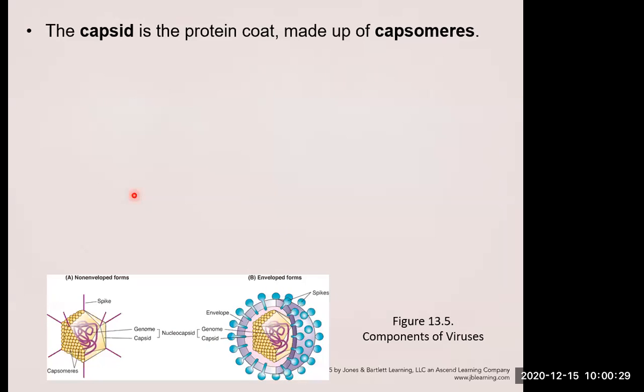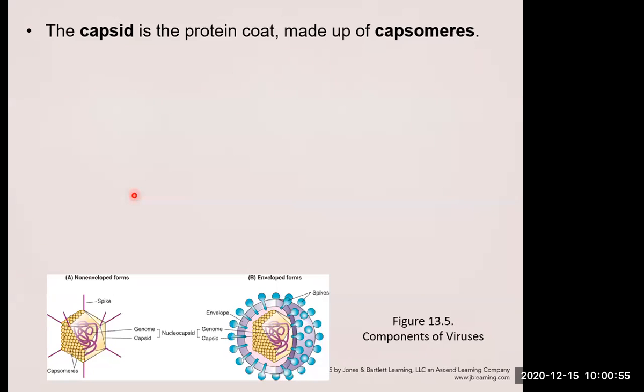This slide contains a handful of definitions about parts of a virus. So the genome, again, is a nucleic acid, DNA or RNA, and then it's surrounded by a capsid. So the capsid is this protein coat, and it's made up of individual, I guess we could call this like a monomer component of it, which is the capsomere.